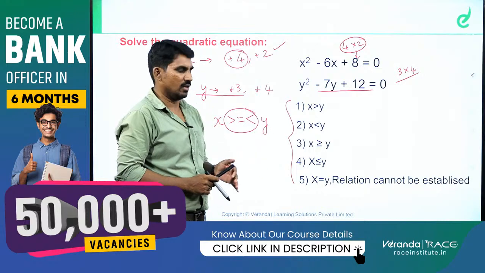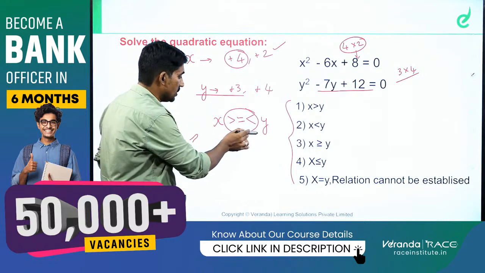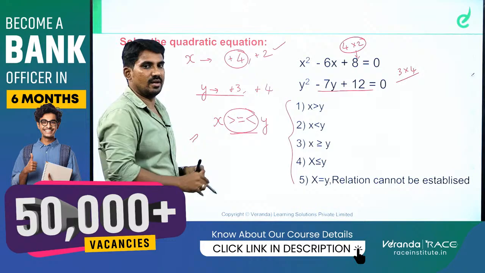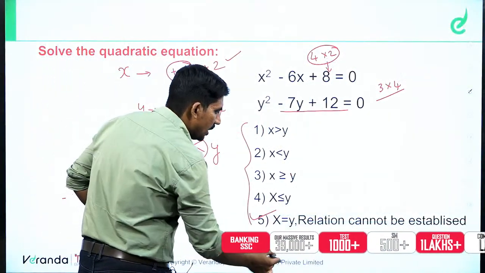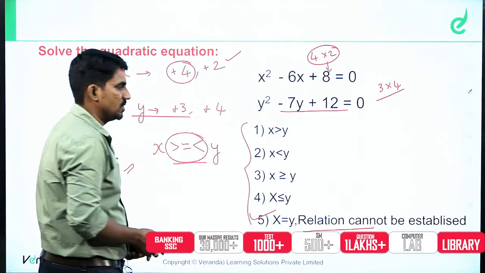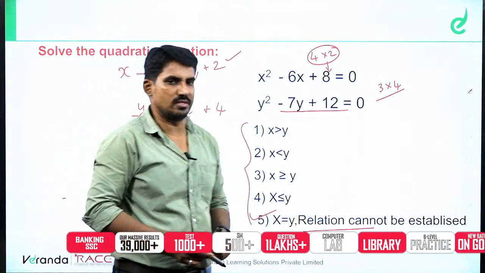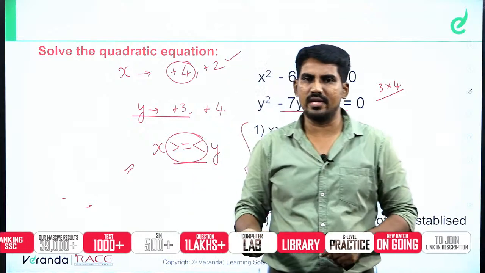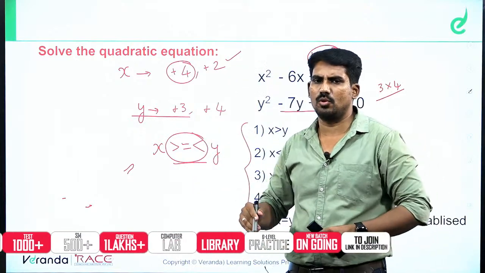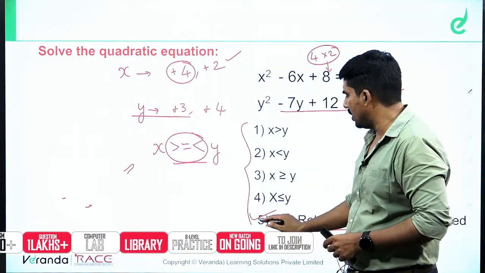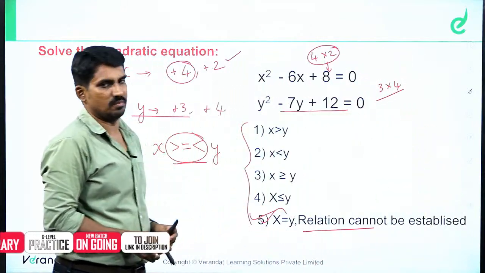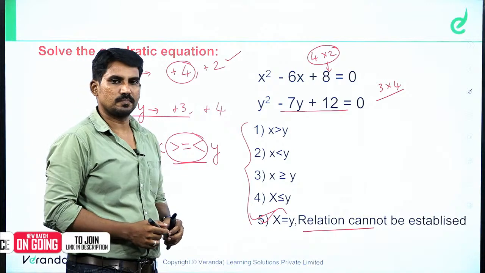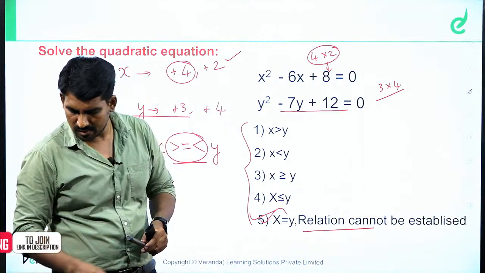Whenever there is a direction change, go for the last option: relationship cannot be established. One root is higher than another root, one root is lesser than another root, so we can't establish the relation. This is the answer. Clear?